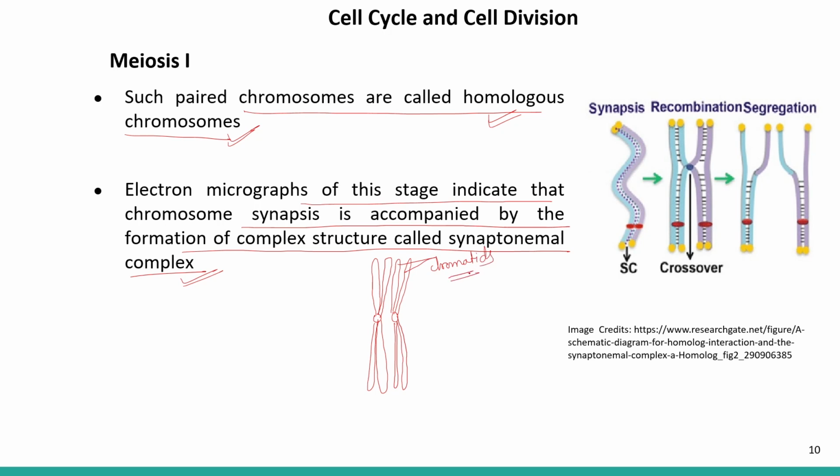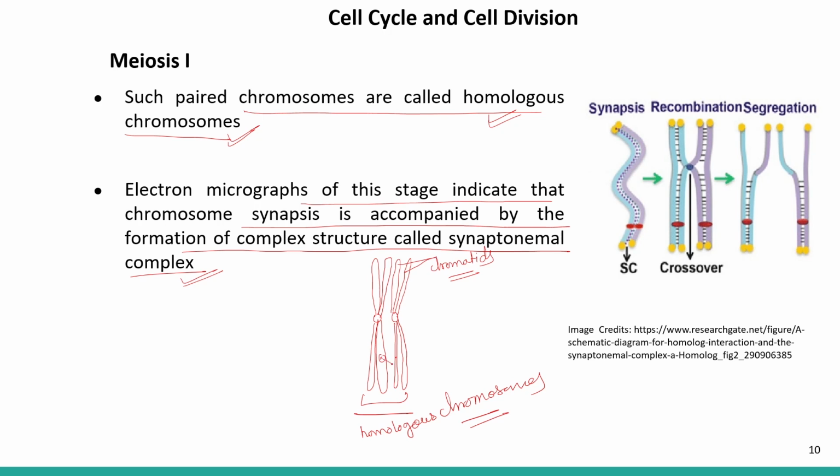This is one chromatid of one chromosome and this is another chromatid of another chromosome of the same type.